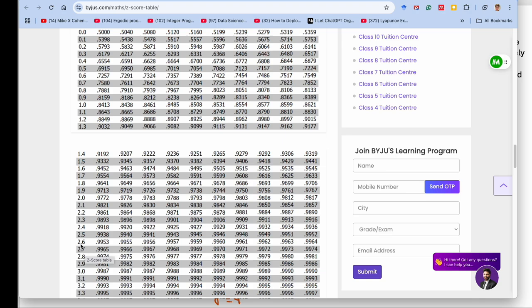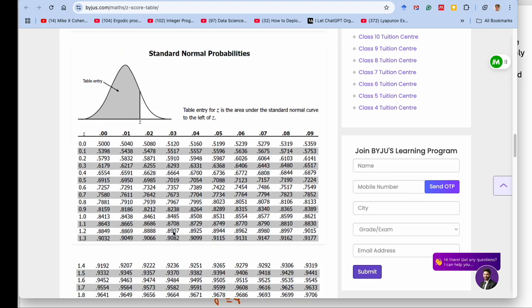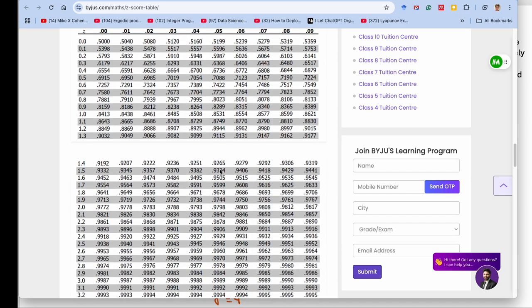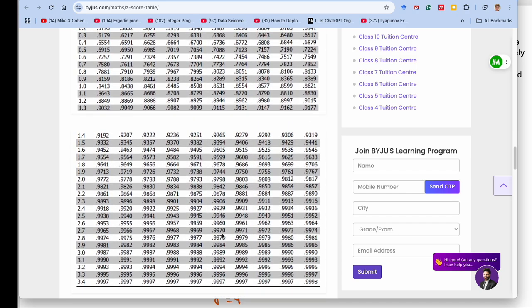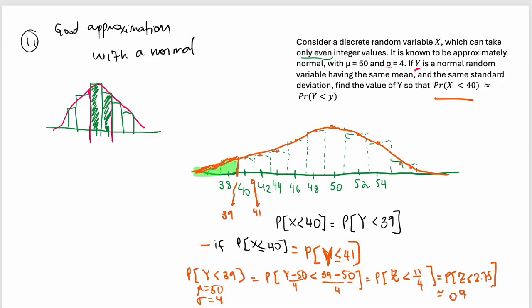Oh, we have that. Woohoo! 2.7 with what column? This is the column. 2.75. 0.9946. Makes more sense, right? I don't know where I took the 10. Okay, so we're done.